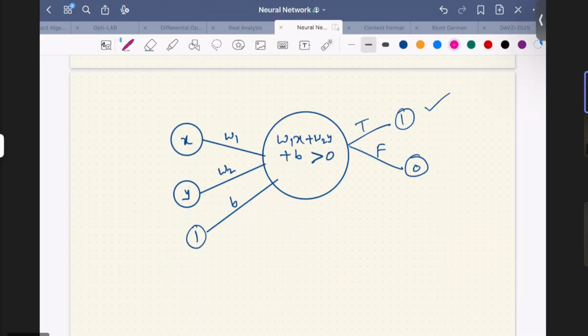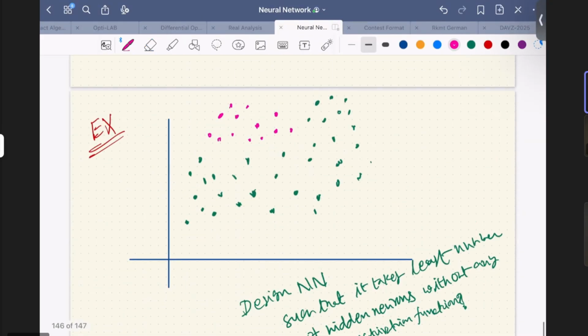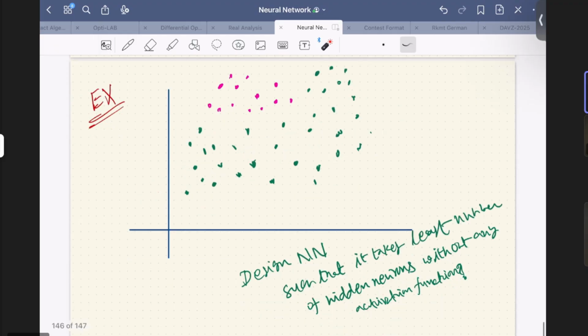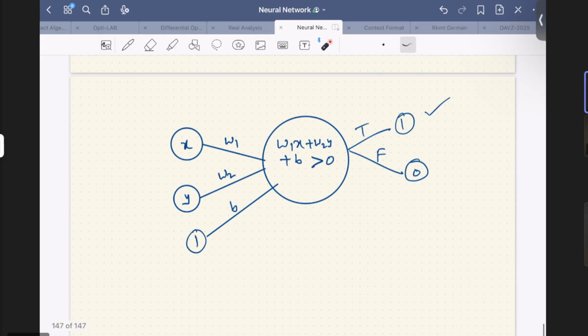If the data is simple, that works. But now the data is not this way. Now the data is not a line; it no longer separates out clearly. So what do you do? You just need to extend this one. How do you extend?